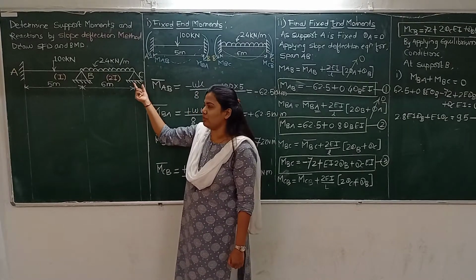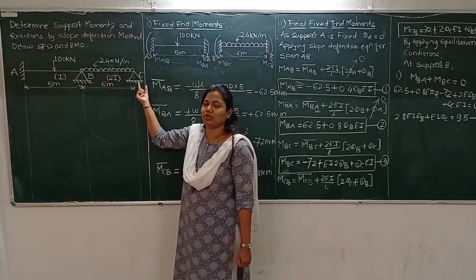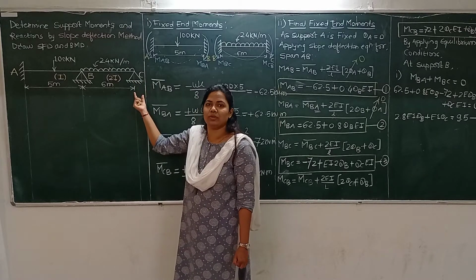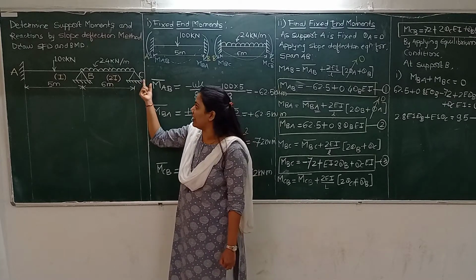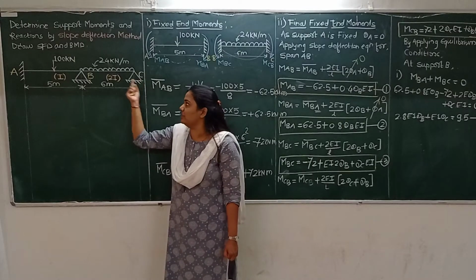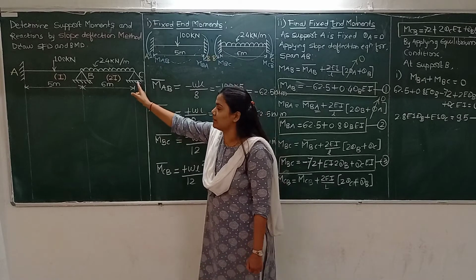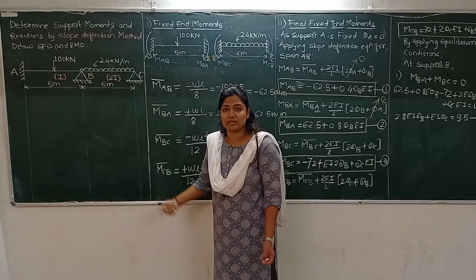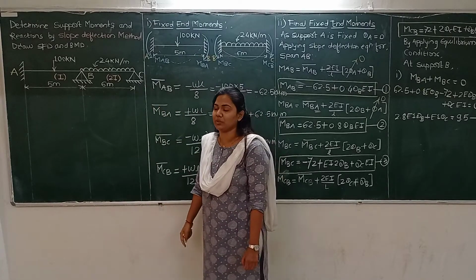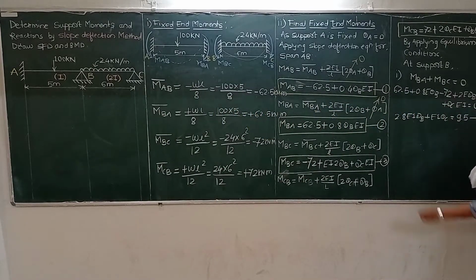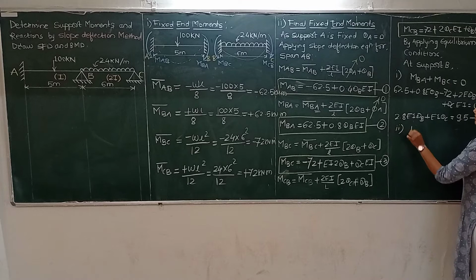At a simply supported end support, the bending moment value is always 0. So the final moment MCB becomes 0. So let us take that as our equilibrium equation. The second equilibrium equation is MCB is equal to 0.